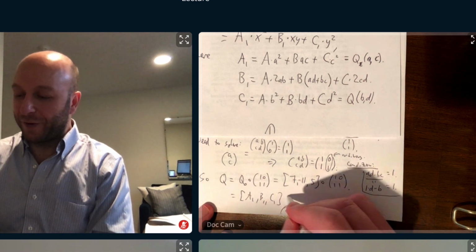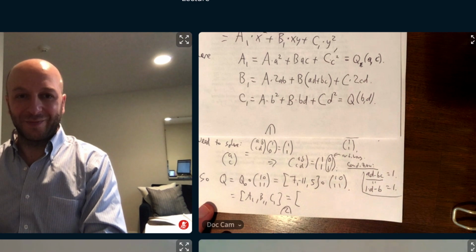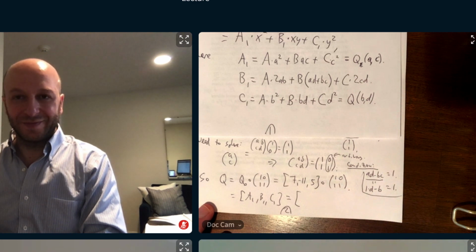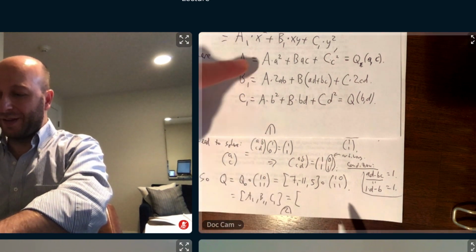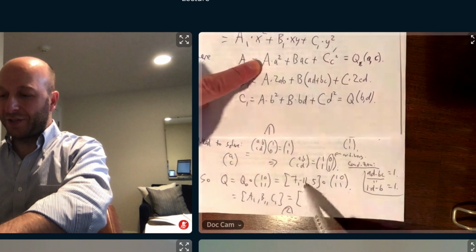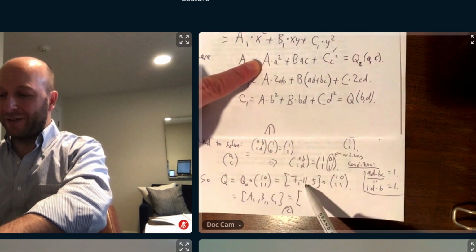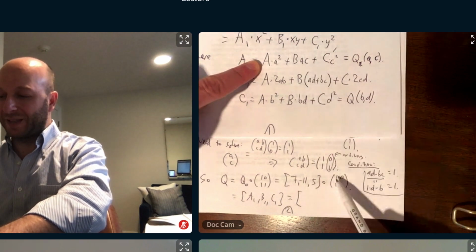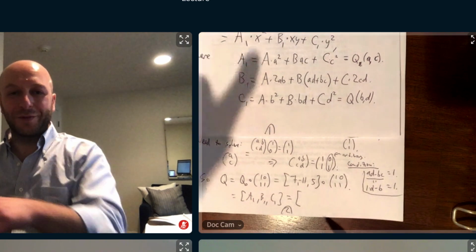Okay, has anyone figured out what A1, B1, C1 are? So I'm going to take 7 times A squared, A is 1, plus negative 11 times A times C, that's 1, 1, plus, wait a second, we don't have to do any of this.